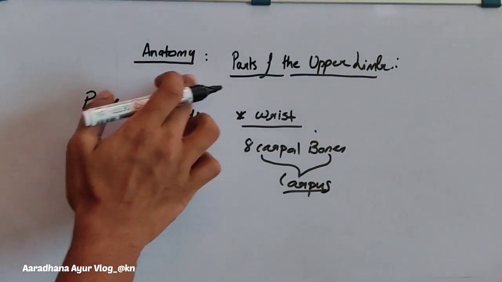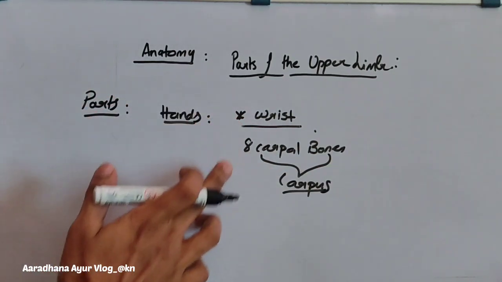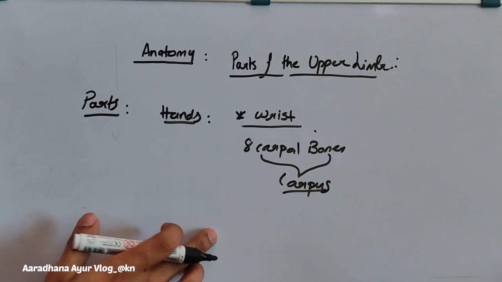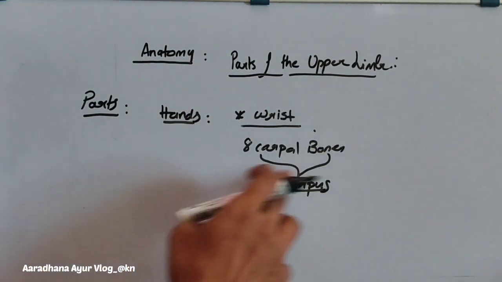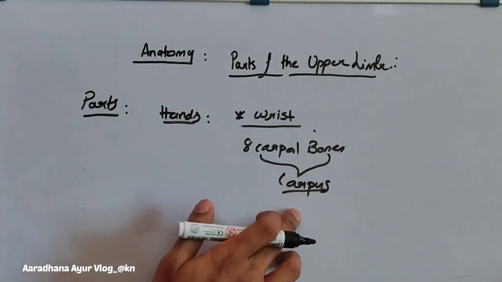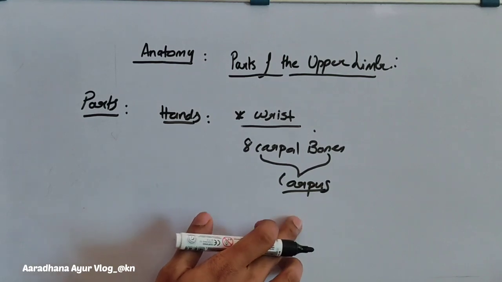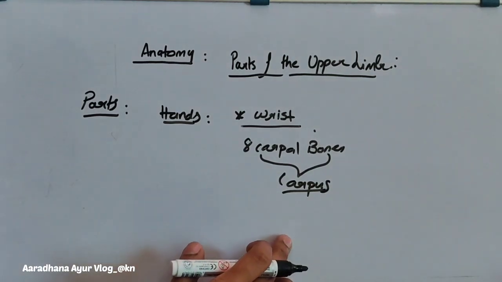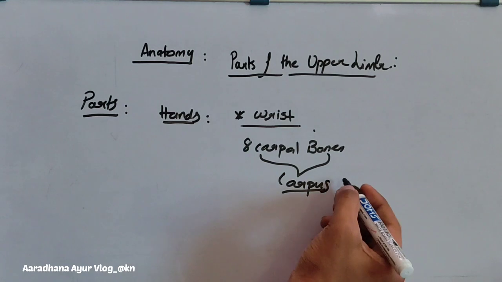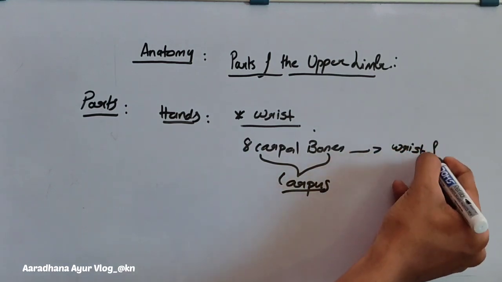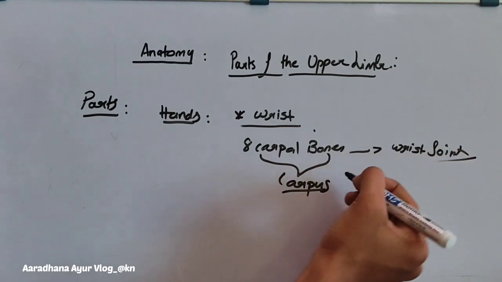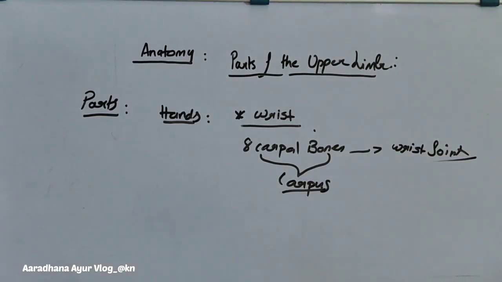In the hand section, there is a wrist, there is a hand proper and the 5 digits. It has been divided into 3 sections. So in the wrist region you can see 8 carpal bones, which is called the carpus, and these carpal bones together make the wrist joint.